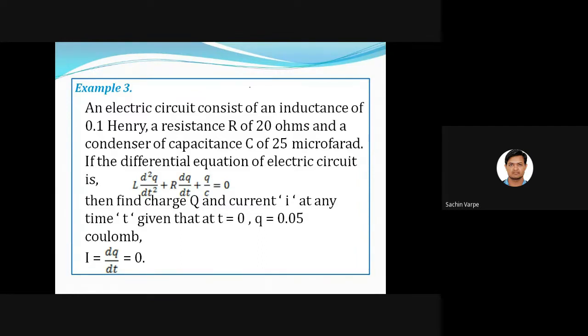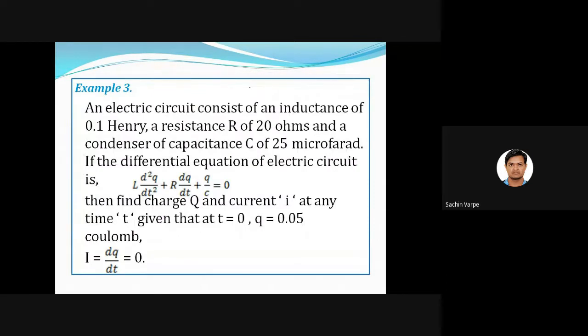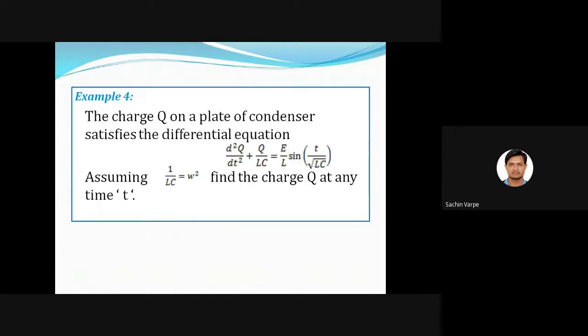Take a screenshot of example number 3 and example number 4. Is this clear to everyone? Homework, examples 3 and 4.